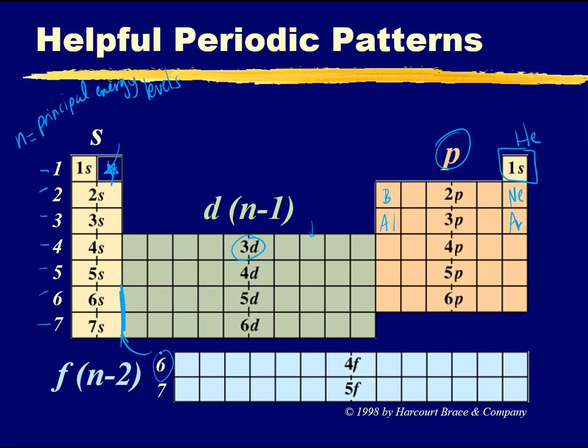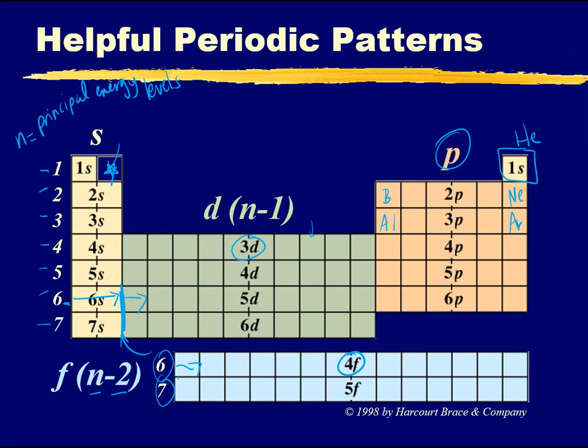So really, this is the 6th row and the 7th row. The F sublevels start 2 numbers behind their actual row, so that's why it's n-2. This is the 6th row minus 2. That's why this is labeled 4f. If you want to follow the pattern of the way it would fill, you would fill the 6s, then go down here and fill the 4f, and then go into the 5d.